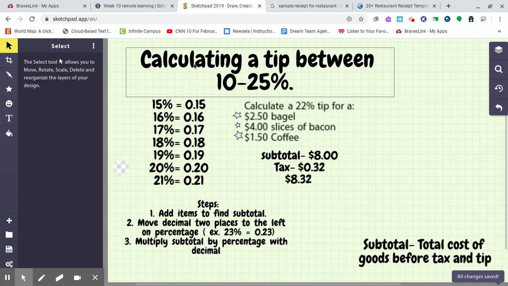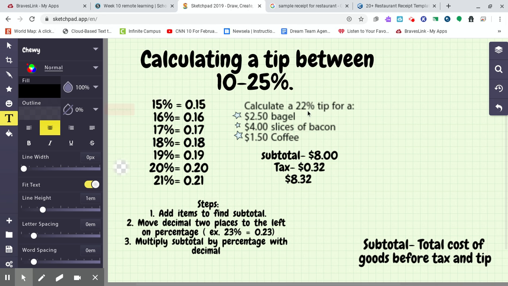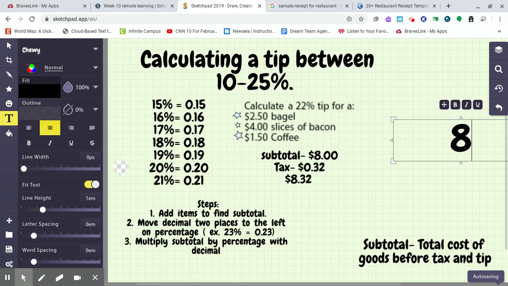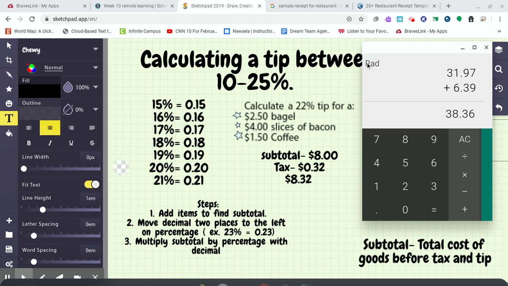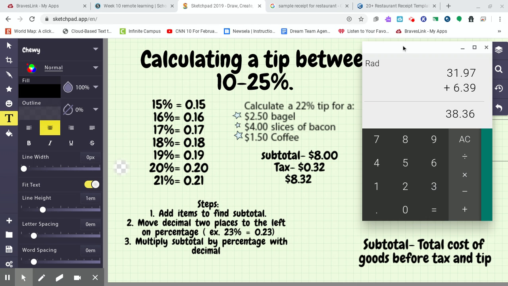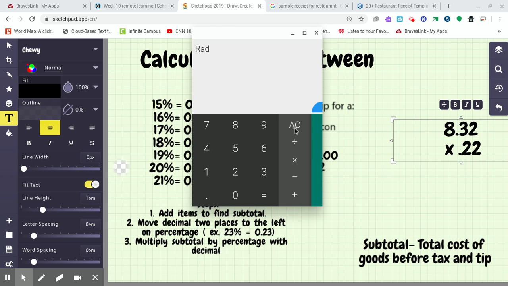So let's come on over here. So I'm going to start with my subtotal, which was $8.32. And I'm going to multiply that, because I got to figure out how much the tip is, by 22% or 0.22. So let's get our calculator. Clear this out.